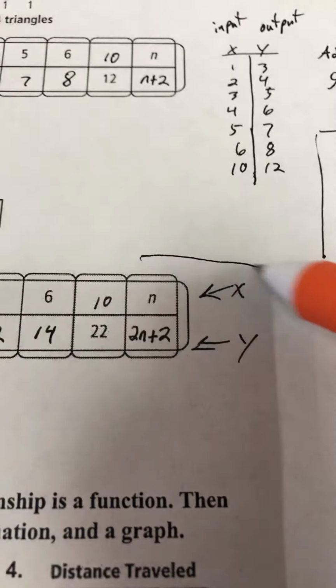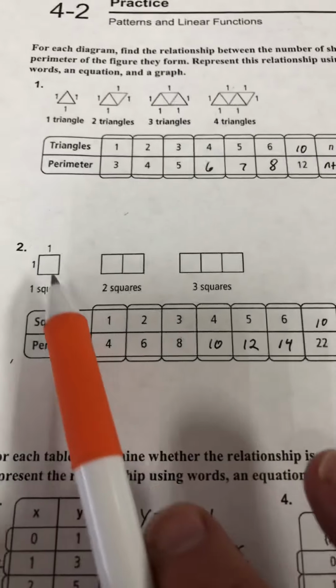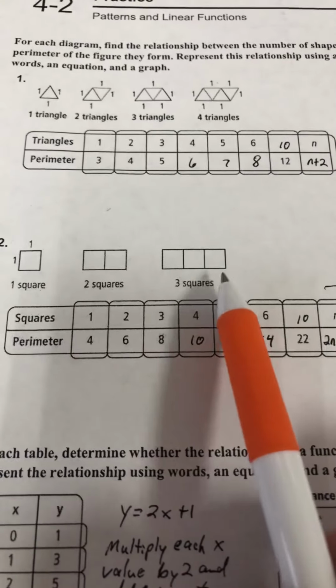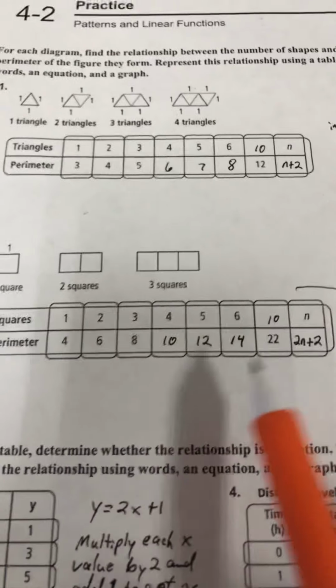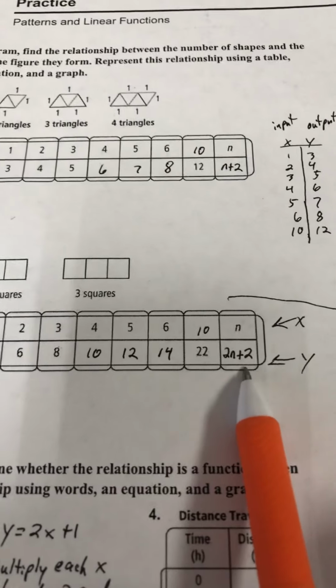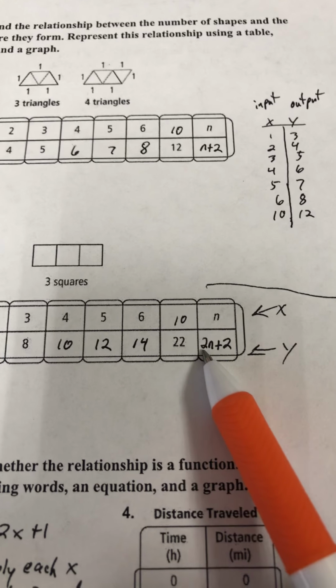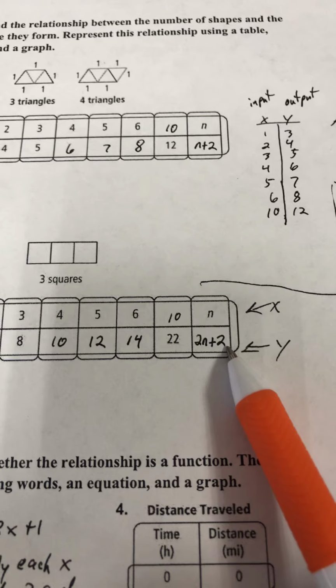For number 2, I just wanted to get you started taking a look at these. If you put squares in consecutive order like that, you end up getting these as your perimeter. You should notice that what you're doing is you're taking this value, multiplying it by 2, and then adding 2.